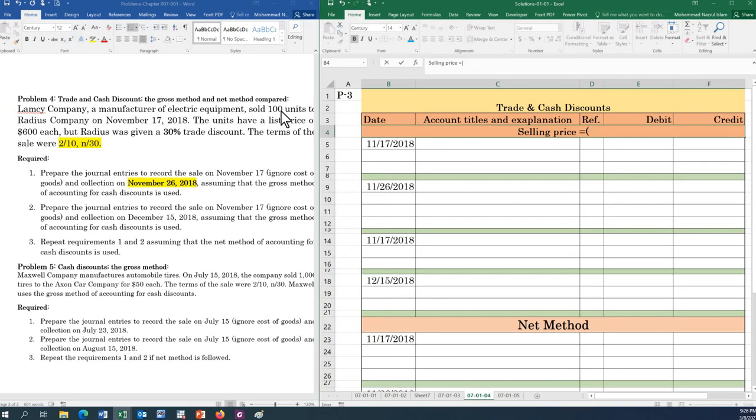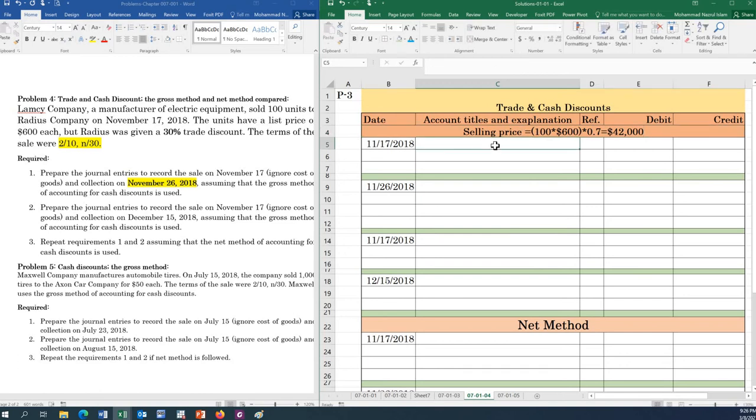We have sold 100 units, correct? And the price per unit is 600. So 30% discount. So it should be 100 multiplied by 600, correct? And multiplied by 0.7 because 30% is discount. So, which is equal to 42,000. Okay, this is our selling price.